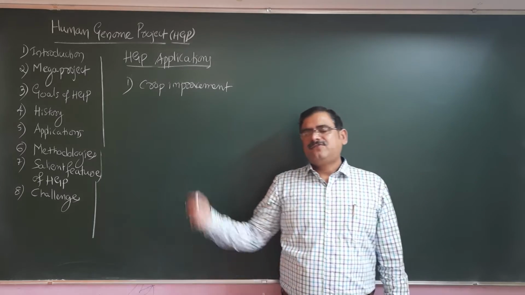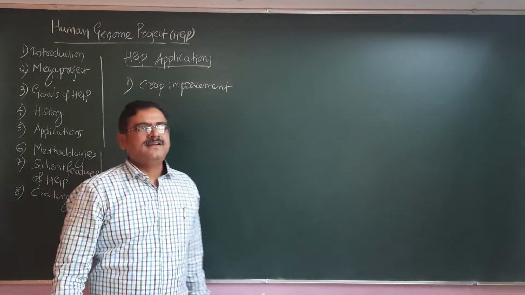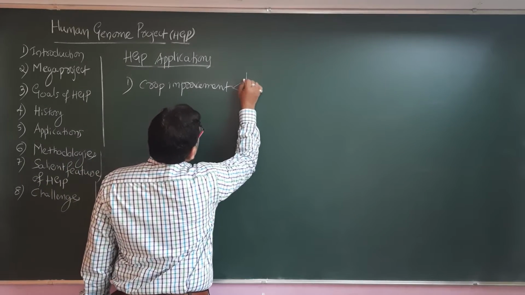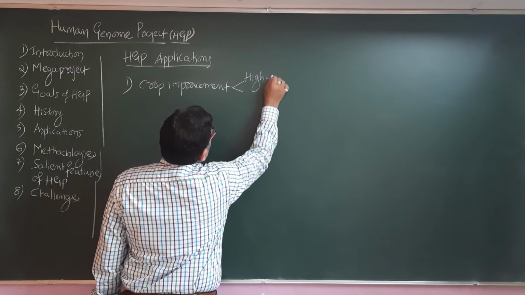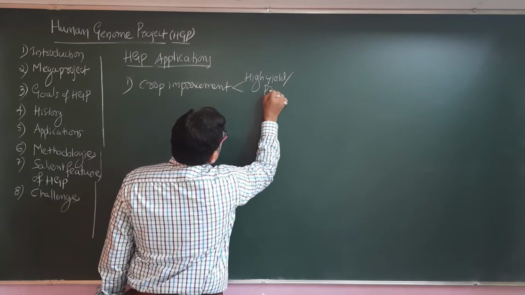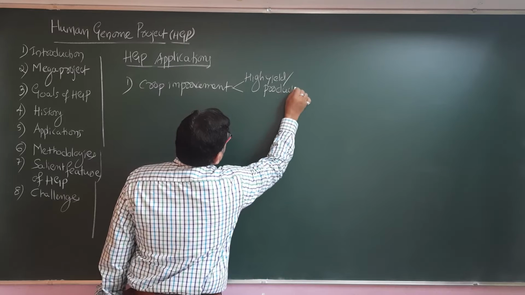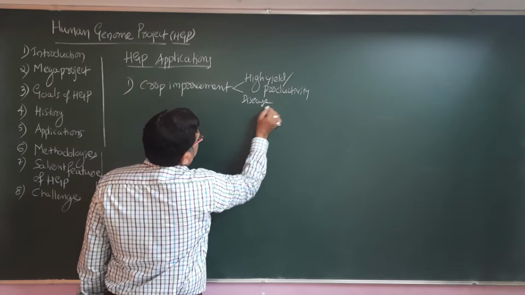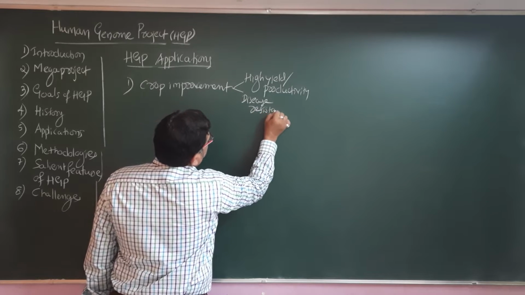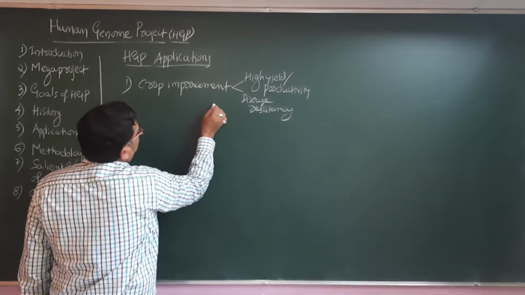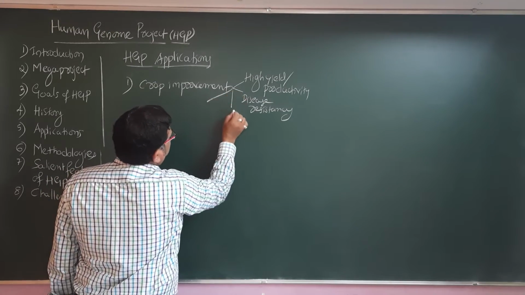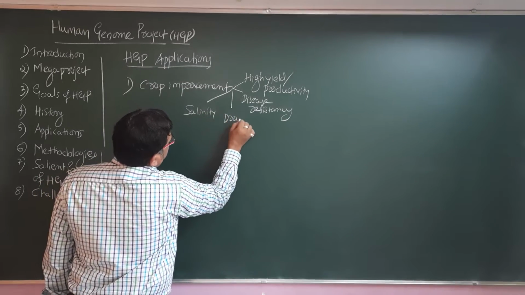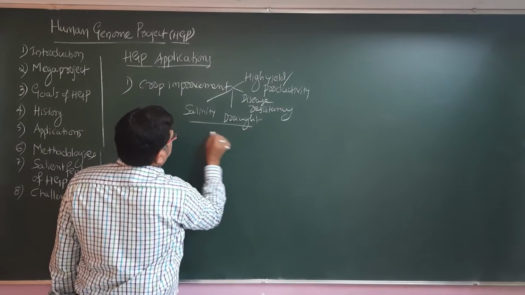So HGP indirectly helped in the improvement of crops, mainly to bring about high yield, or improvement of productivity, as well as to develop disease resistance, and even salinity and drought resistance.